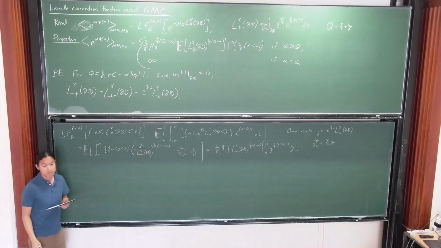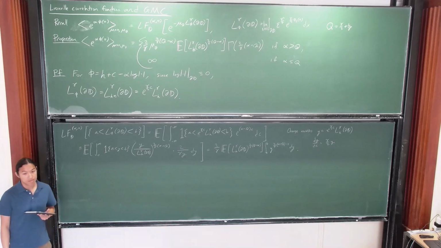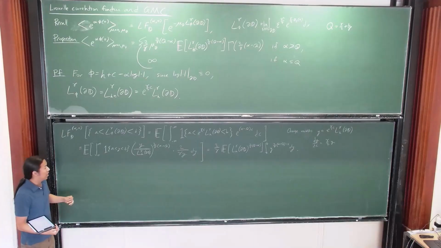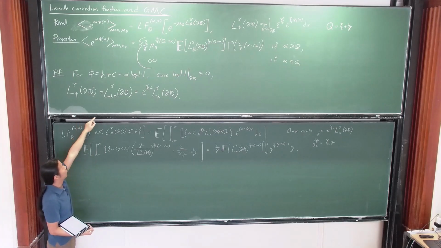So to do this change of variables, you need to know that the boundary length is finite under your measure, I guess. Yeah, that's right. In this particular case, it's fine because we have this alpha, but it kind of goes away.